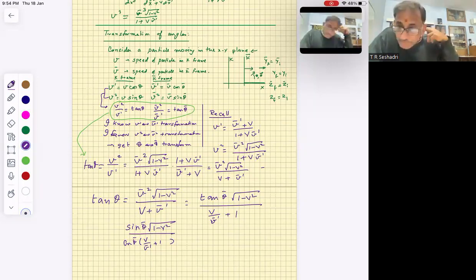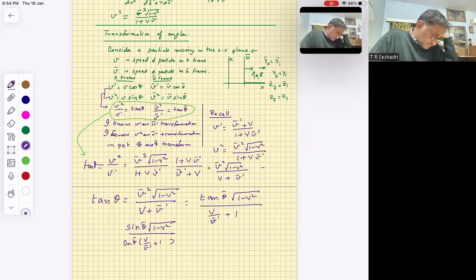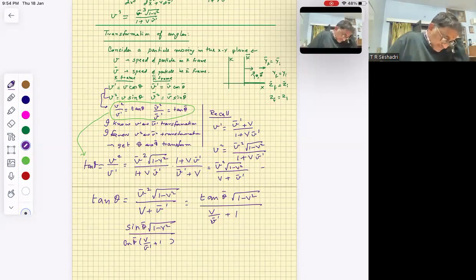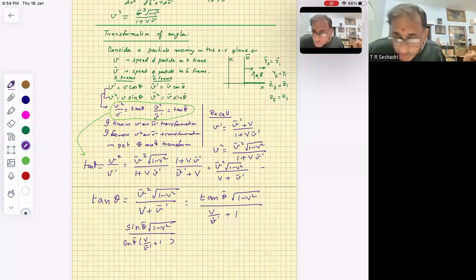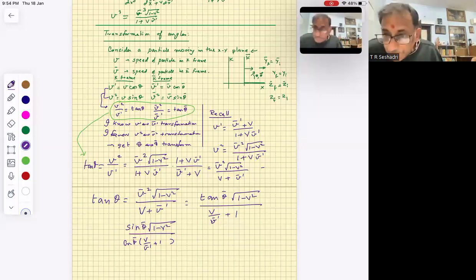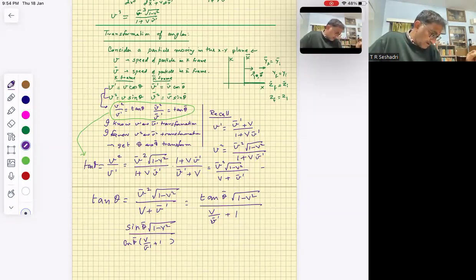Why am I not happy with this? This is tan theta bar is V2 bar by this one. This is V square. Actually, in the Landau-Lifshitz there is a mistake in this formula, so I have just worked it out. V bar, okay, fine. That's correct. Yeah, this is okay.